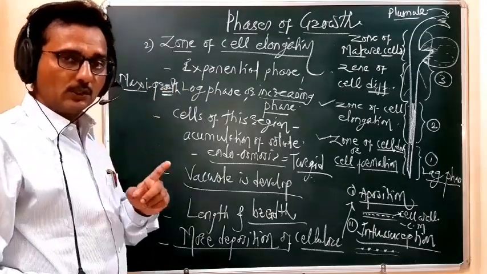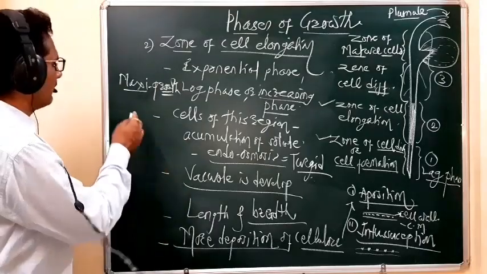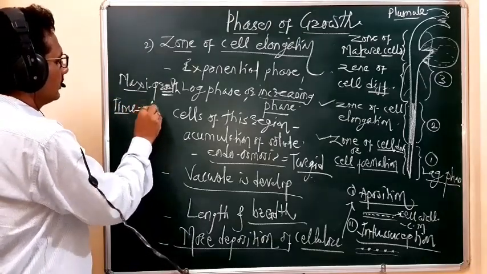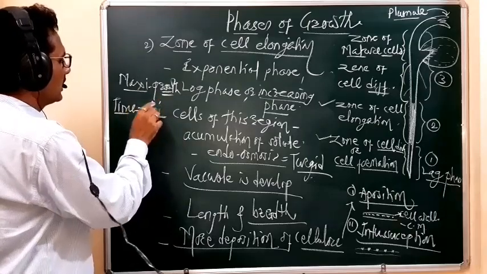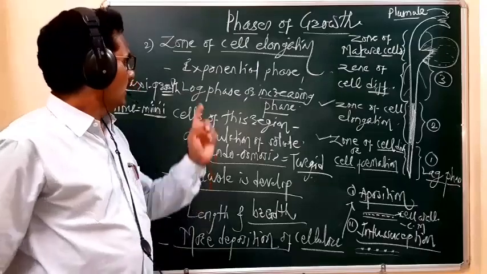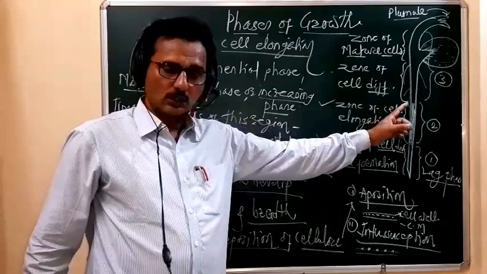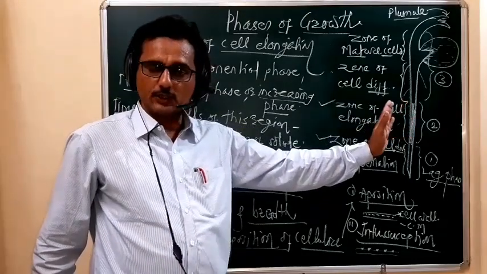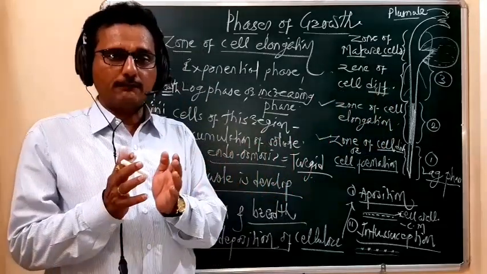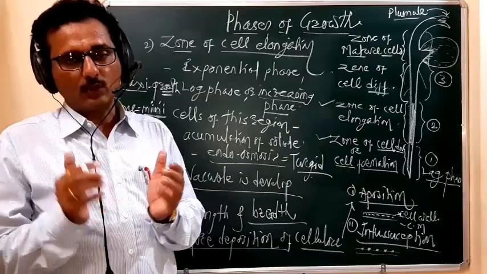But remember, student, the time requirement for such growth is very low, the minimum. So always remember, the zone of cell elongation shows the maximum growth because of cell elongation, but very little time is required for such growth.